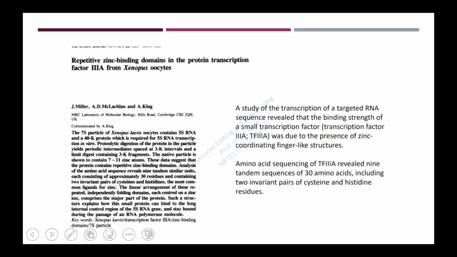Then this particular protein comes, which is another kind of DNA binding protein, having a zinc in its active site. So a study on the protein transcription factor 3A from Xenopus oocytes. From these Xenopus oocytes 5S rRNA, this protein was identified as a transcription factor.